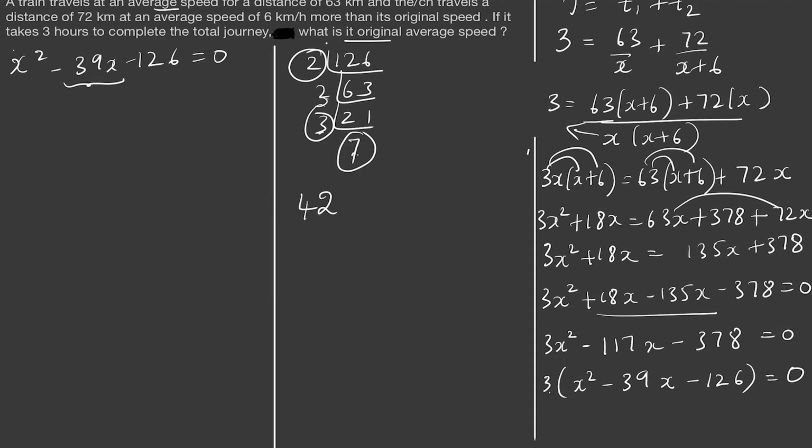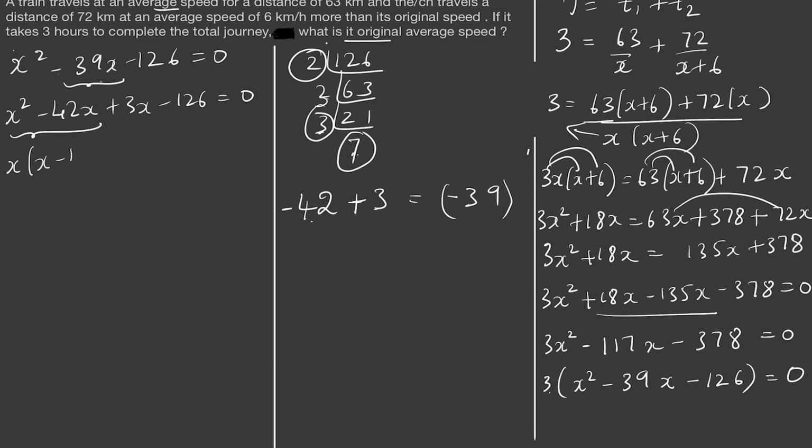It can be done by trial and error also. 42 minus 3, we will be getting 39. Since I need minus 39, I'll take the greater number as minus 42 and the smaller number as positive. So one is plus, one is minus, and on subtracting we take the greater number sign. Hence we got minus 39. So the factors are minus 42x plus 3x minus 126 is equal to 0.